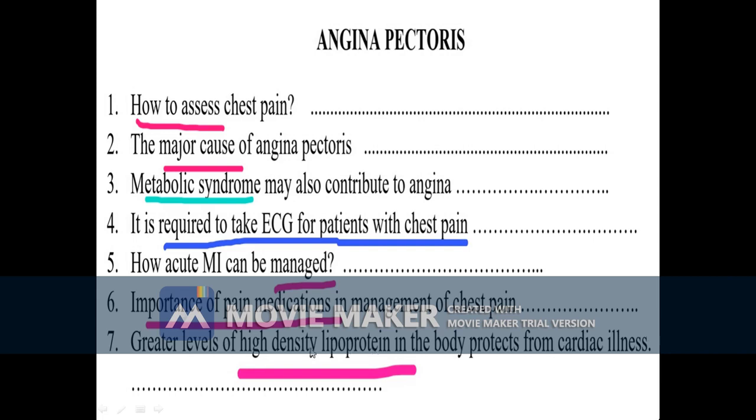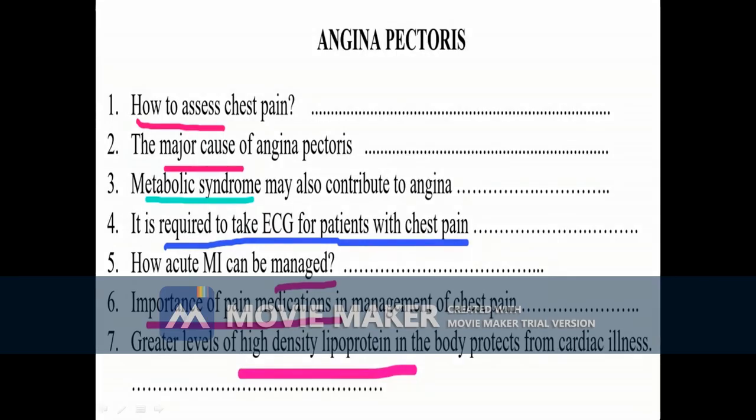Greater levels of high density lipoprotein in the body protect from cardiac illness. So what is the important point here? High density lipoprotein. You will search for high density lipoprotein, in which text it is mentioned. Then you will simply write text A, B, C or D.